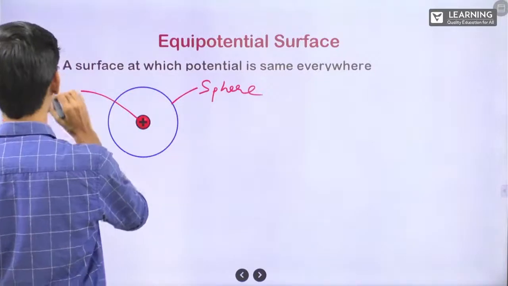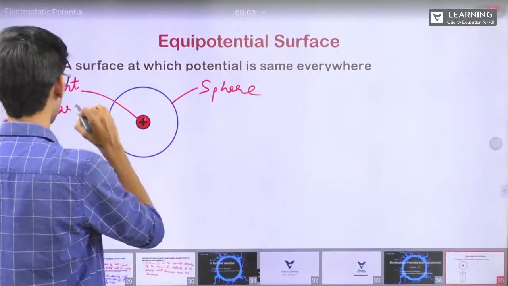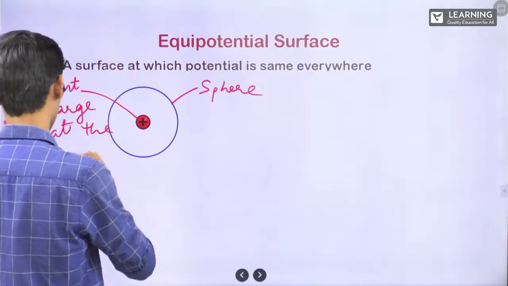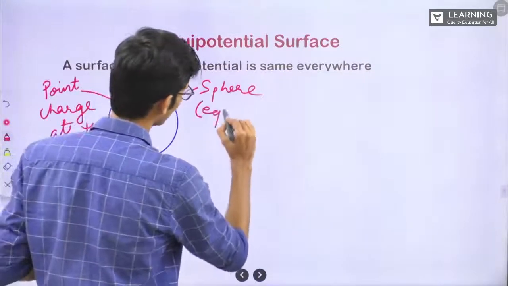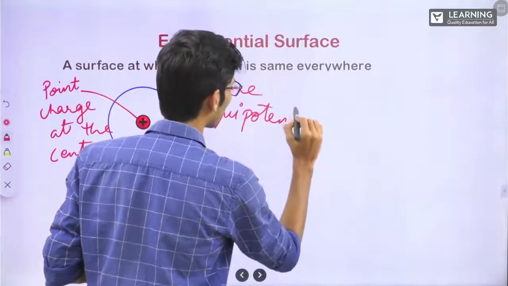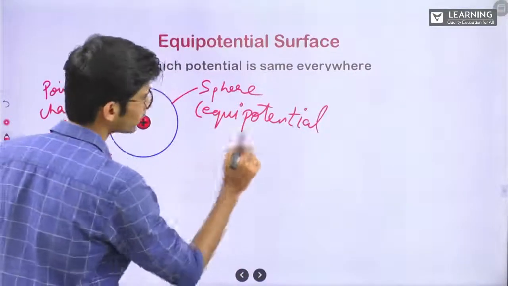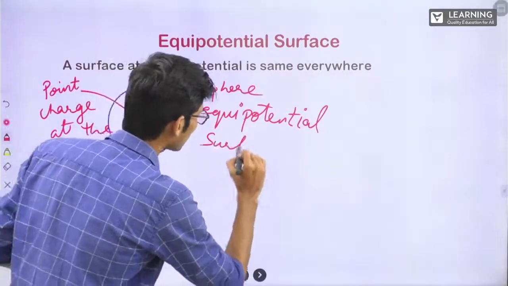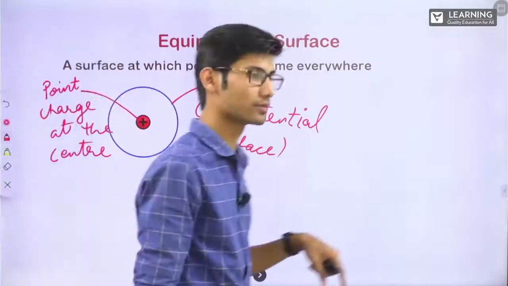This is a point charge, at the center. This is the equipotential surface for this point charge. If you want, you can write down: for a point charge, the equipotential surface is the sphere enclosing that point charge. That point charge should be at the center of the sphere. That also you have to mention.